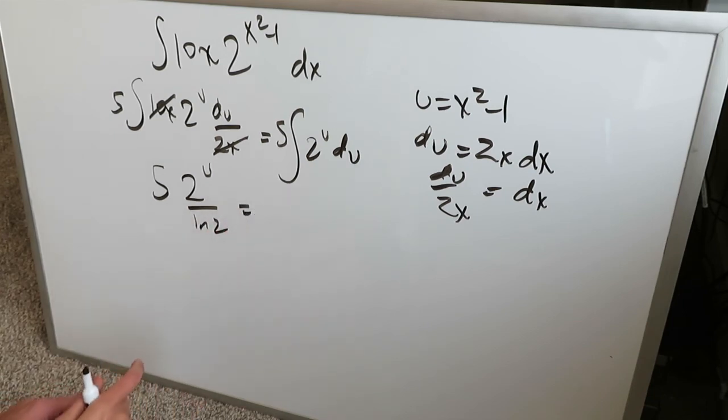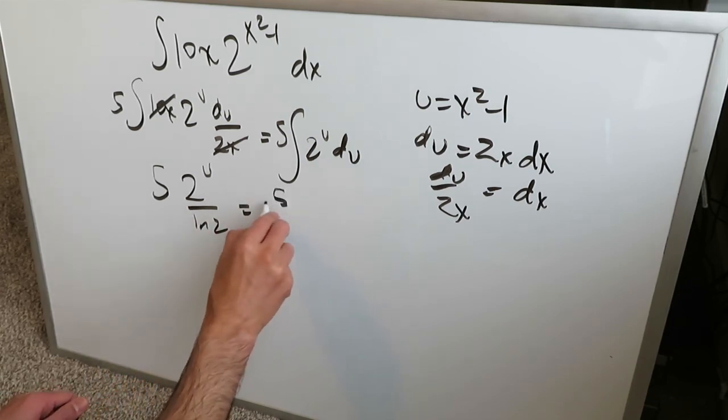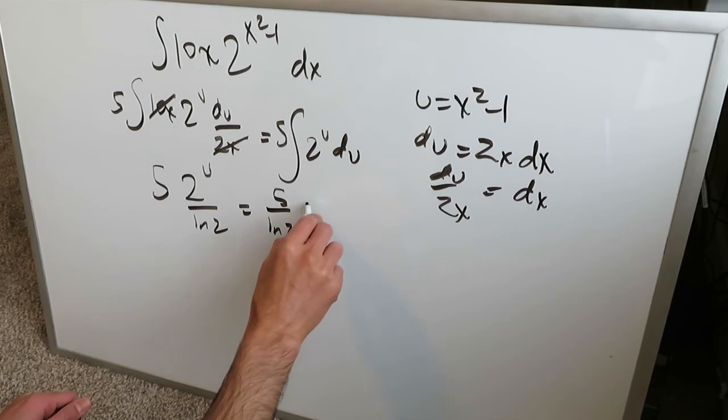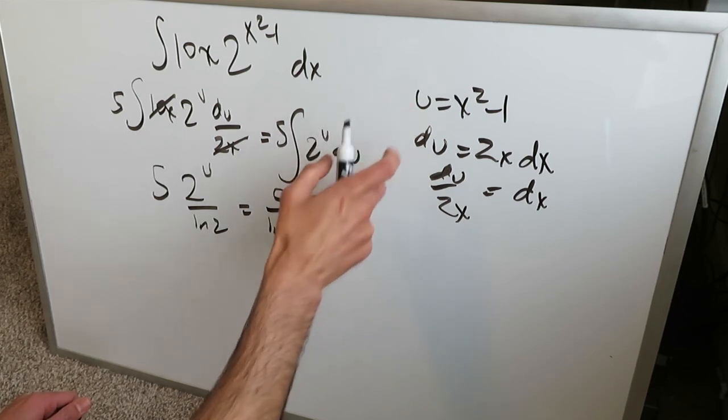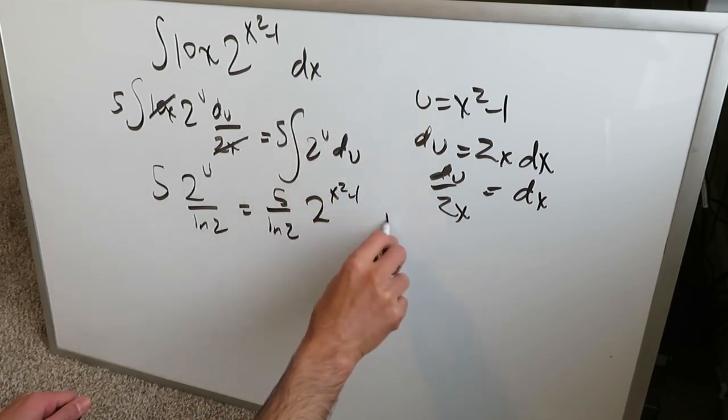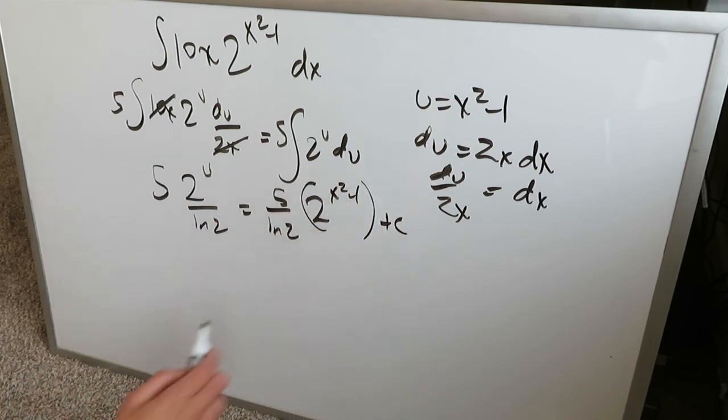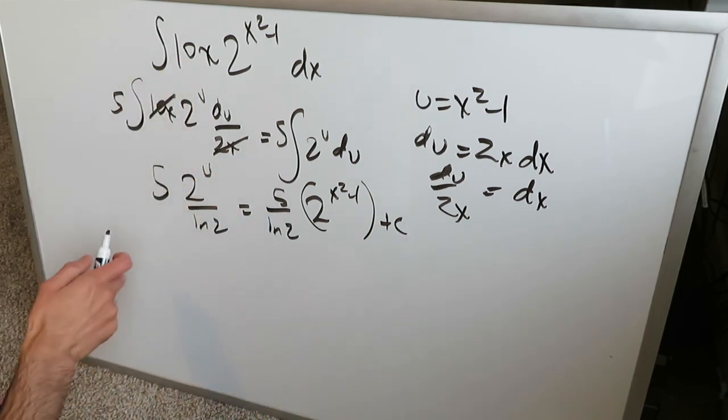You can write this in a better way. You can do 5 divided by natural log 2, and then you'll have 2 to the u, which is x squared minus 1, plus c. And this right here will represent your antiderivative of this original function. We can take a quick derivative of this to make sure we're actually on the right track over here. You don't have to, it's just a totally extra step.